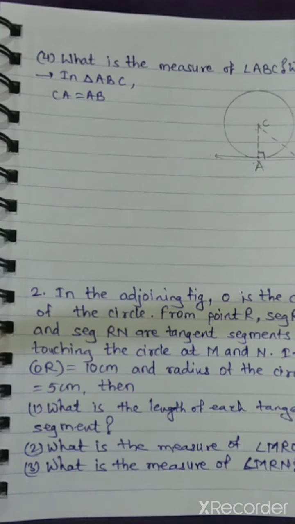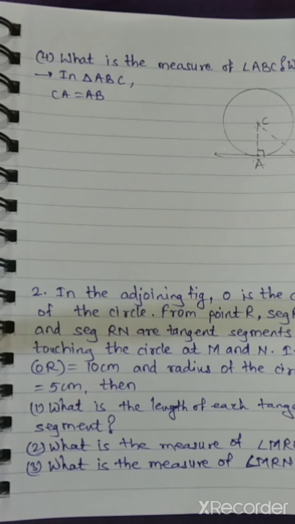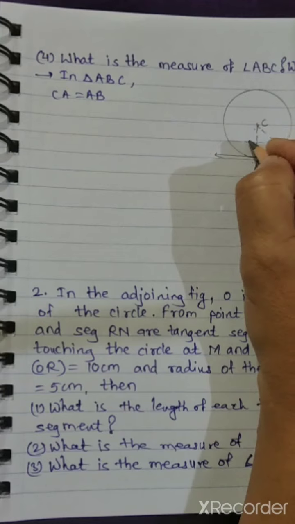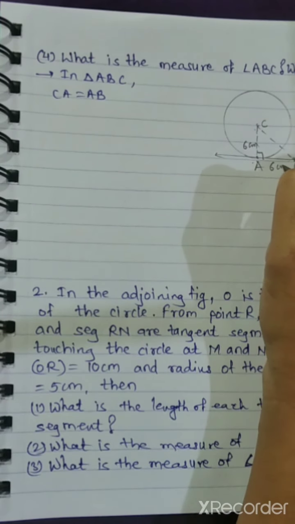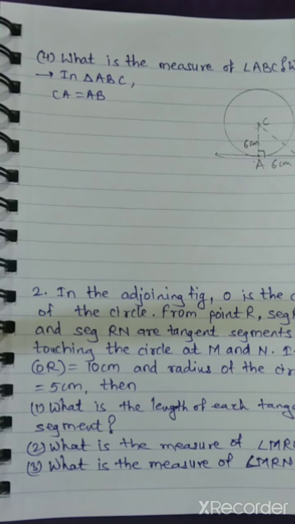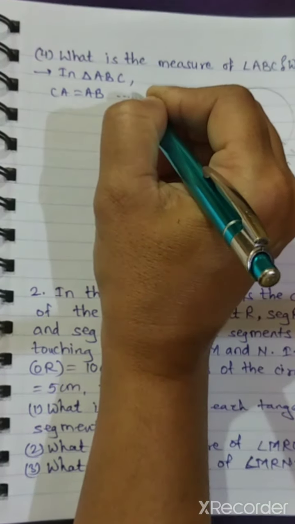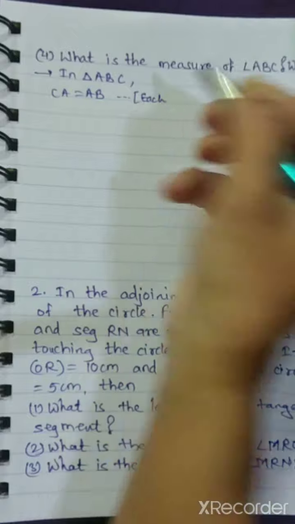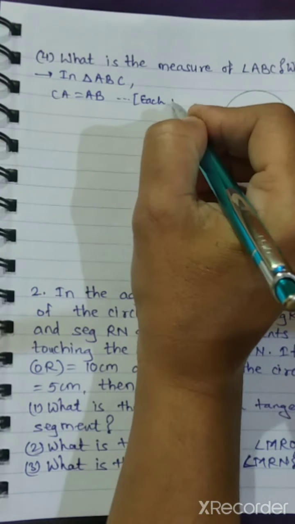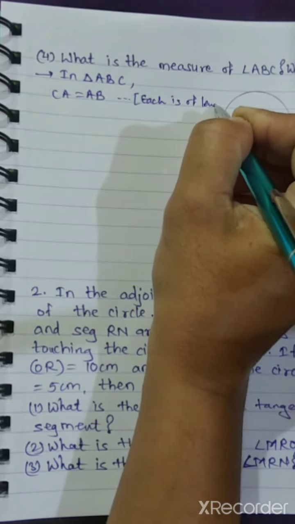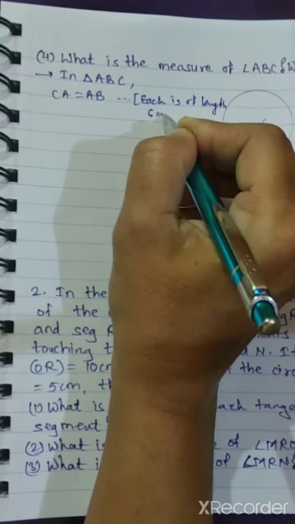So CA is equal to AB, each of length 6 centimeter.